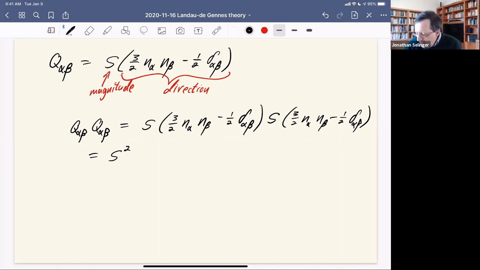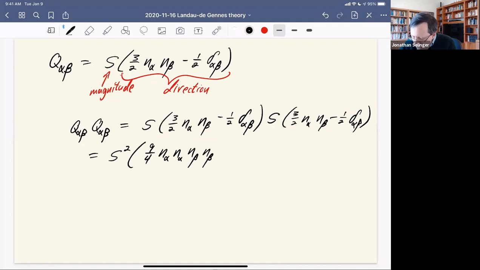So we want to multiply out all these different terms. Okay? So if we multiply the first times the first, that gives us 9/4 n alpha n alpha n beta n beta.